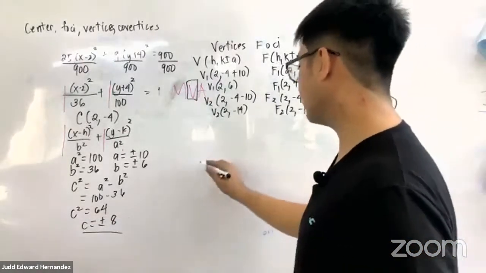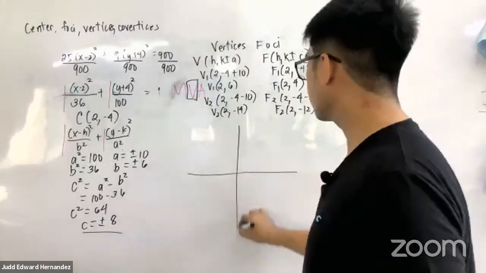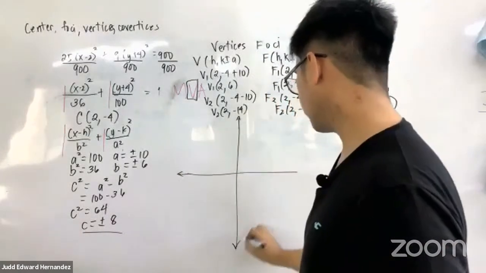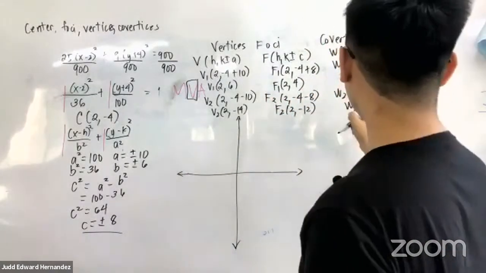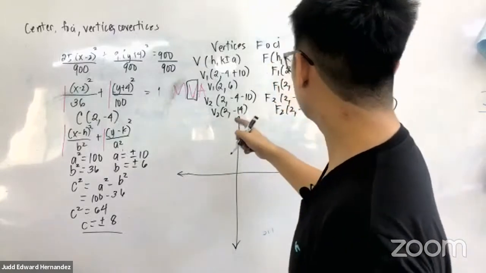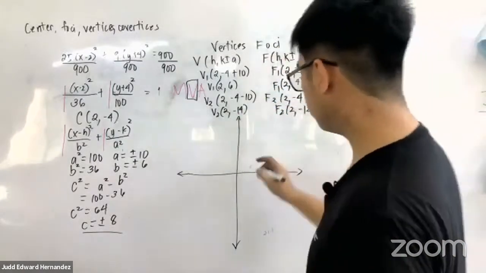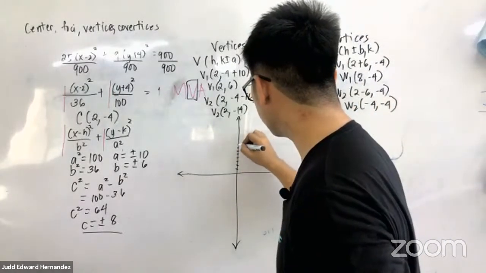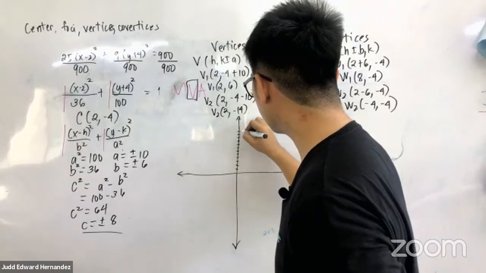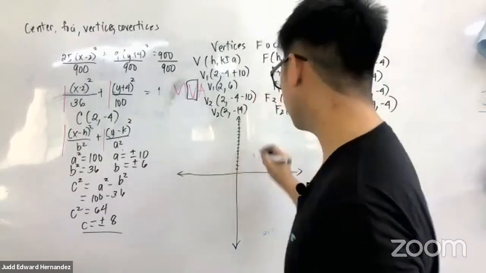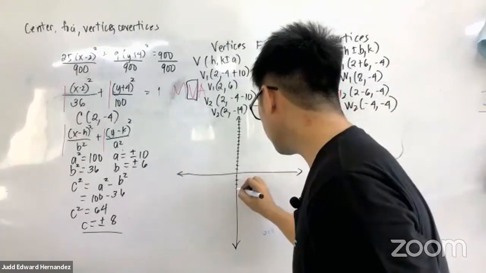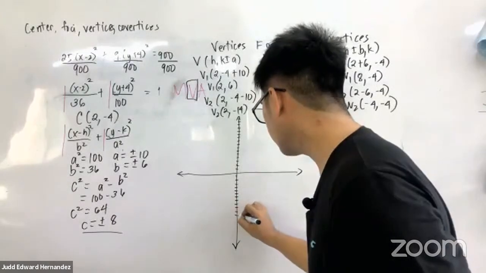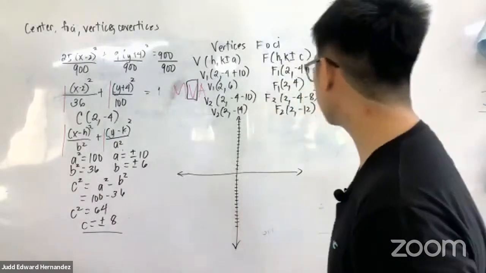So let us now try to graph. Pataas siya, 1 up to 15, and 15 going down.